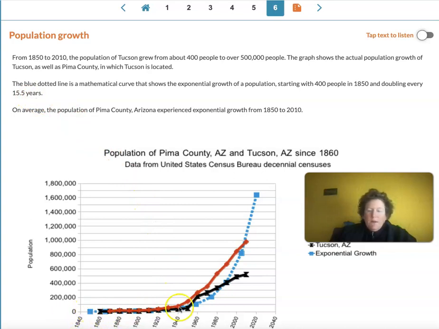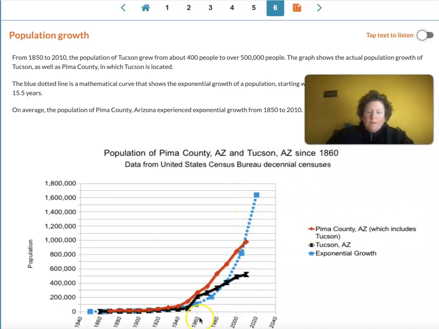So this is like an animal population or any population. Bacteria would double much more quickly, but population growth is generally exponential. Our red line is the county, and our black line is Tucson.